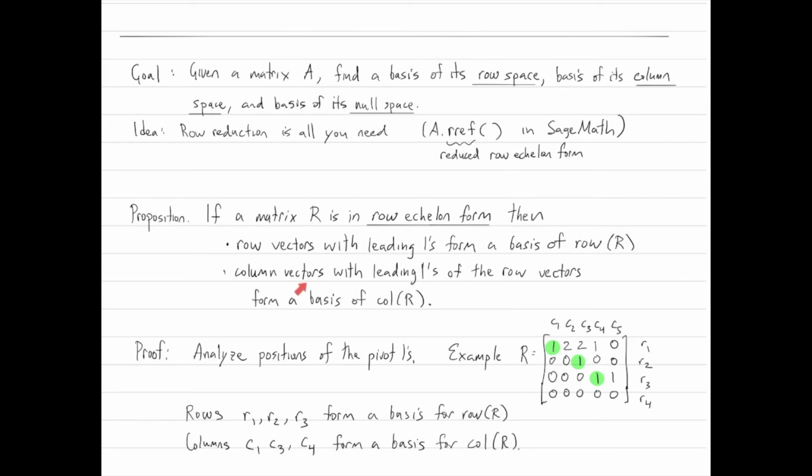Maybe I should have said column vectors corresponding to the leading ones of the row vectors. Okay, let's look at an example. The proof is actually quite simple. It just says analyze the positions of the pivot ones.